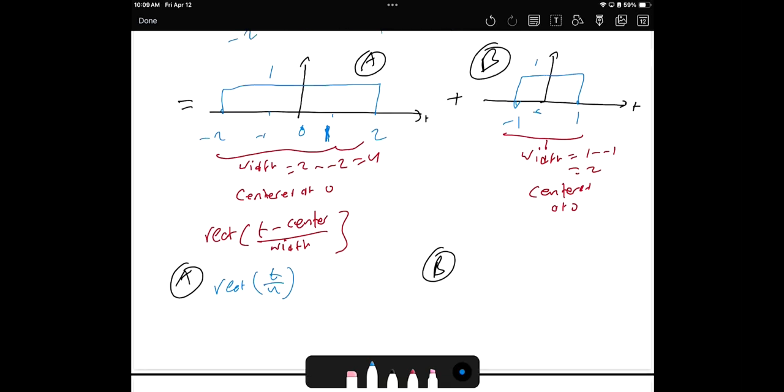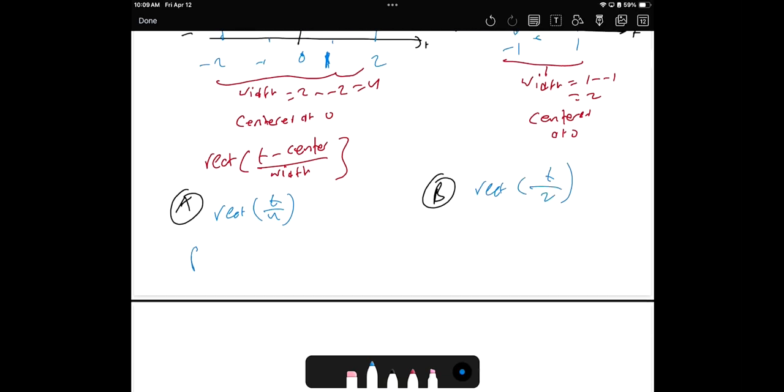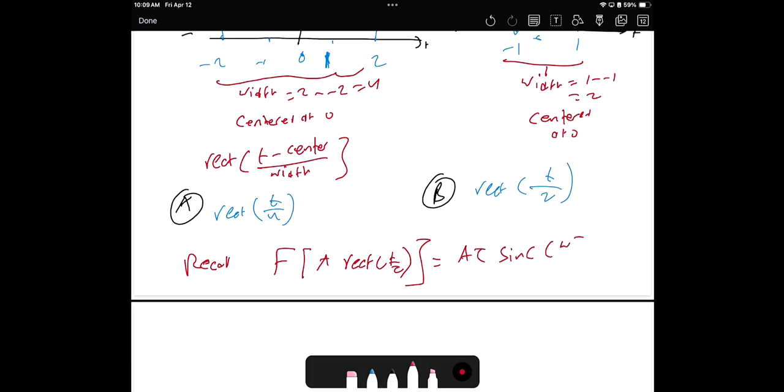Then recall the Fourier transform of a rect of t over tau. We did this last lecture, which is tau sinc of omega tau over 2. We already found this last lecture.